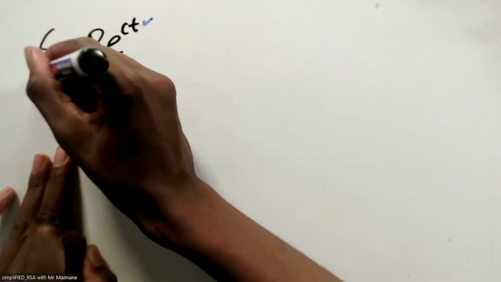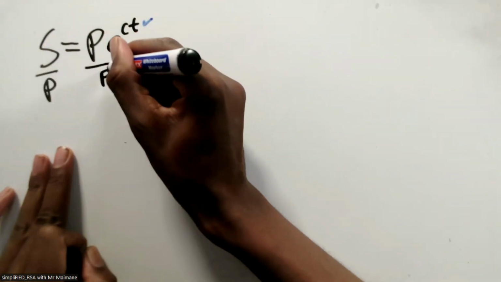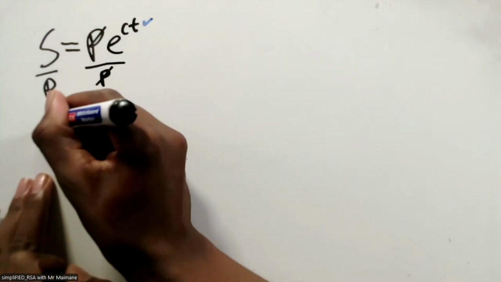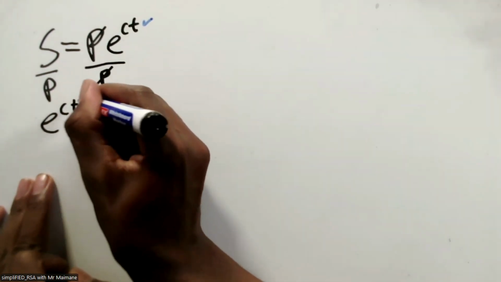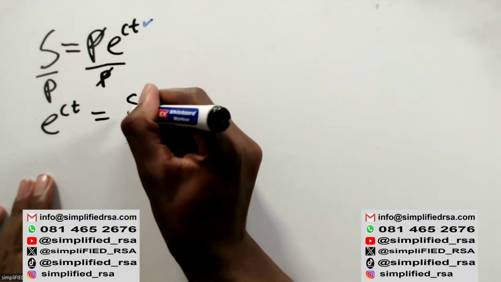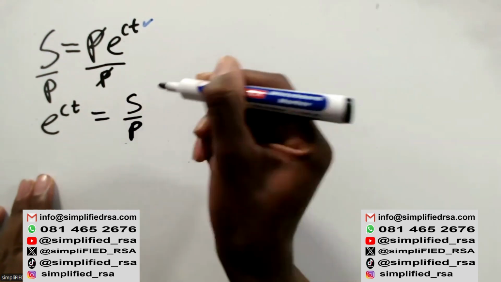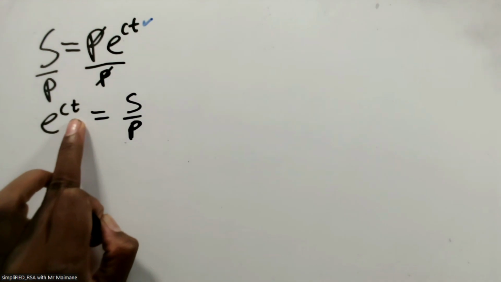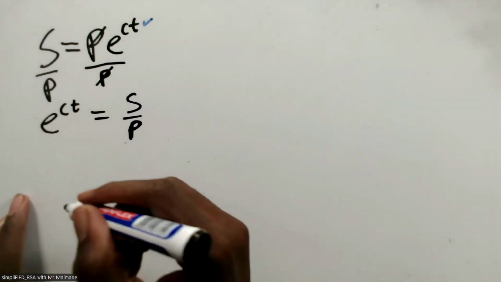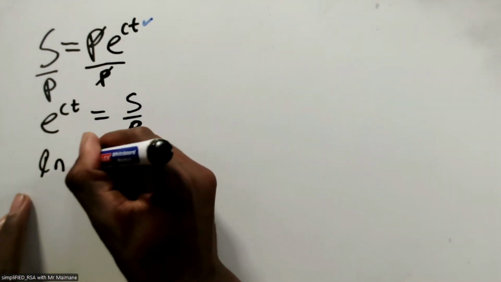So I will divide by P both sides. If I divide by P both sides, obviously this will cancel that. Therefore, I'm left with e^(CT) = S over P. But because I want to make T the subject of the formula and it's on the exponent, I will introduce ln again.